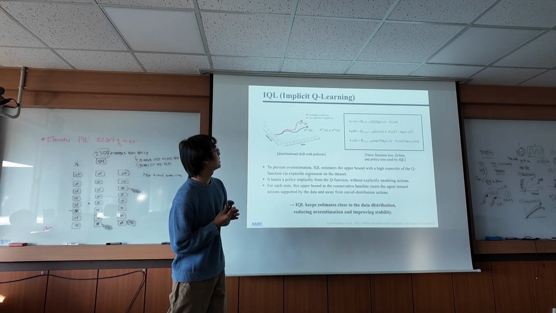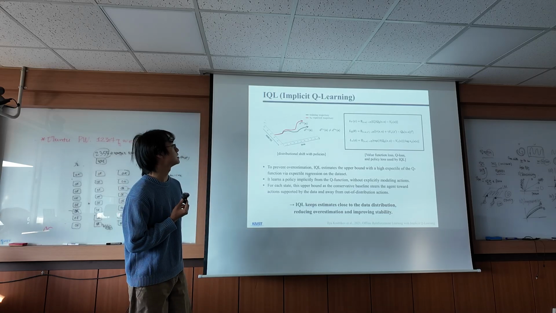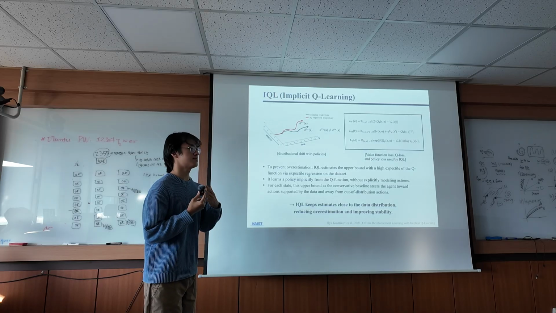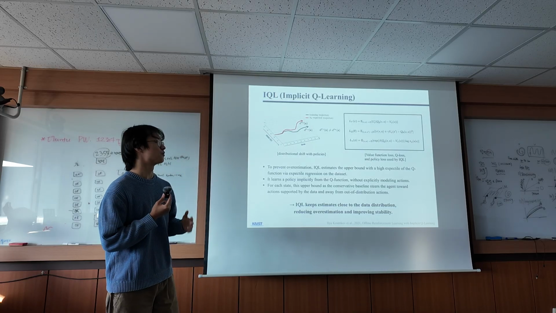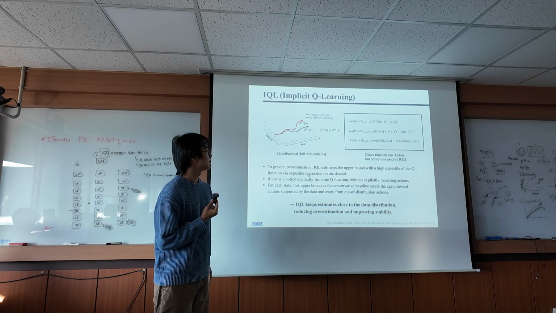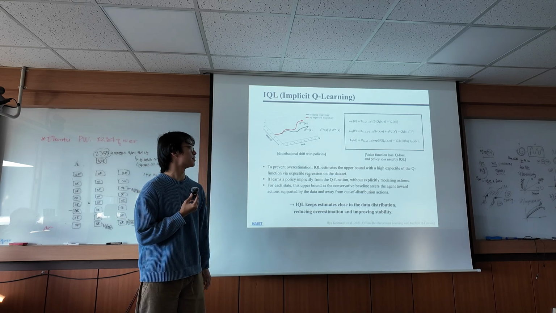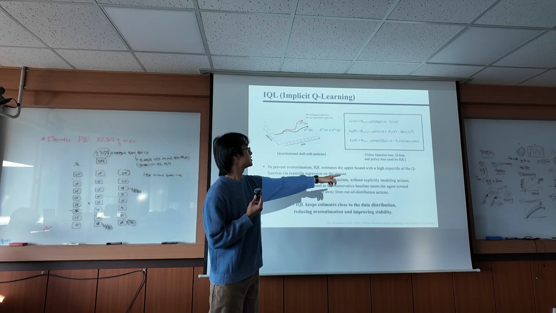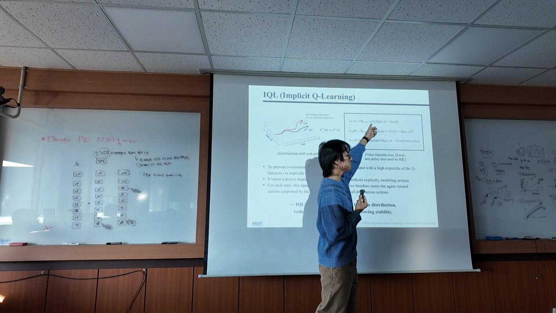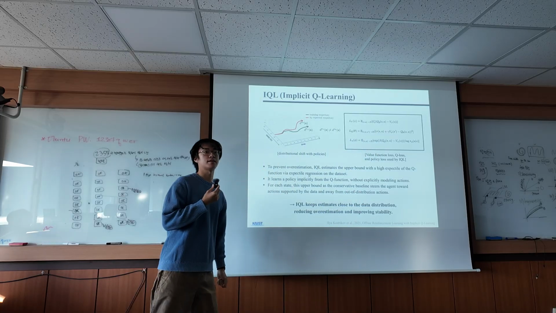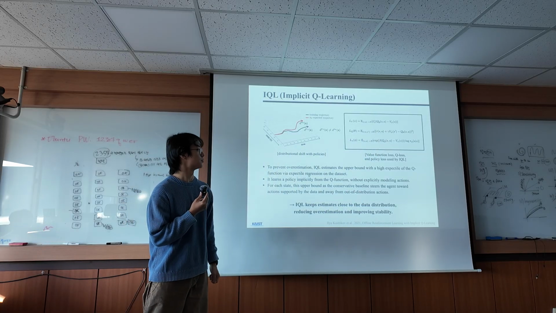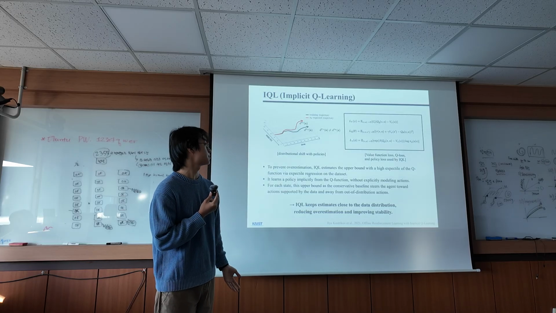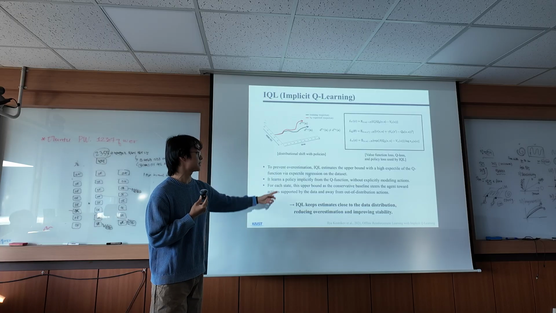So let me explain IQL, implicit Q-learning, briefly. IQL tends to prevent the overestimation of the policy. It estimates the upper bound with a high expectile of the Q function, and tries to prevent overestimation via expectile regression.